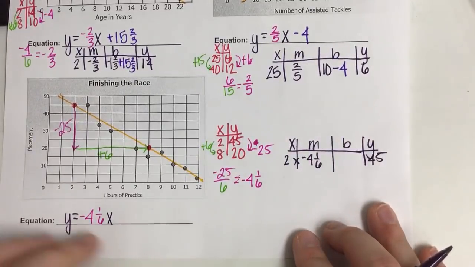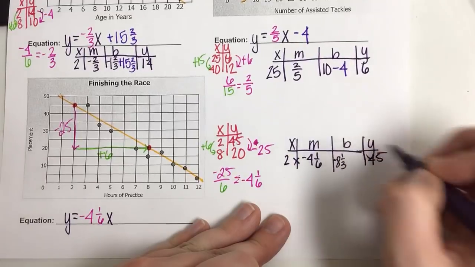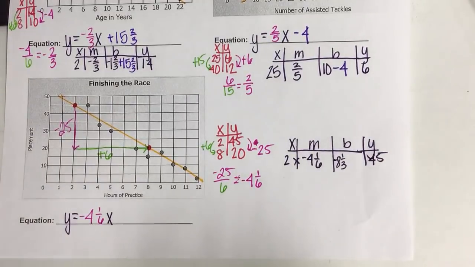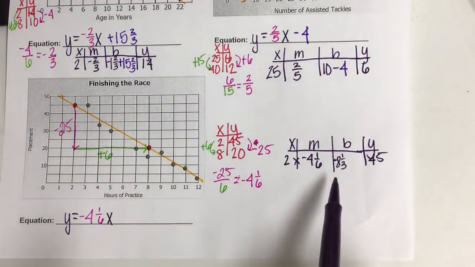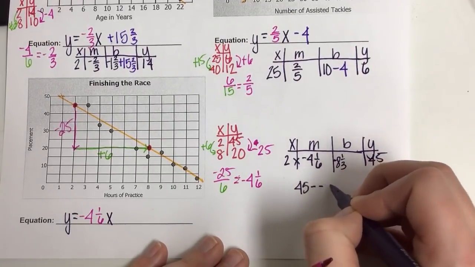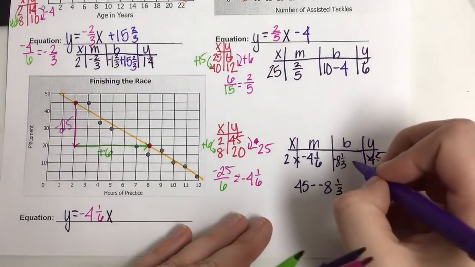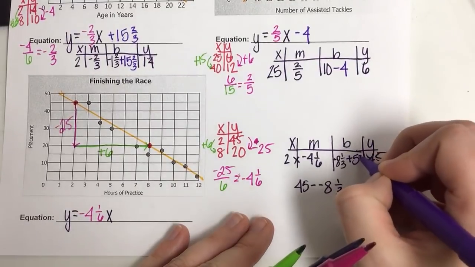So when I do 2 times negative 4 and 1/6, I get negative 8 and 1/3. Like I told you all, it's not always going to be pretty. To find how we get from negative 8 and 1/3 to 45, you could do 45 minus negative 8 and 1/3. And that's going to give you 53 and 1/3.